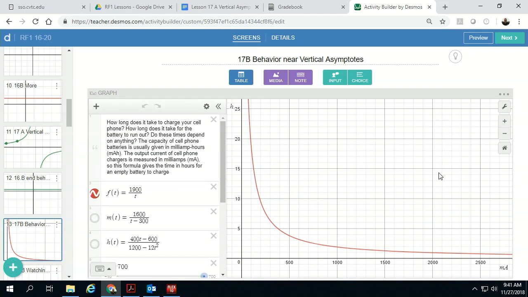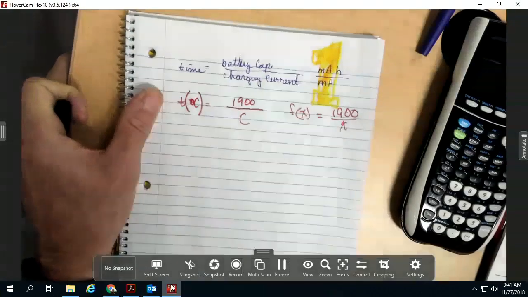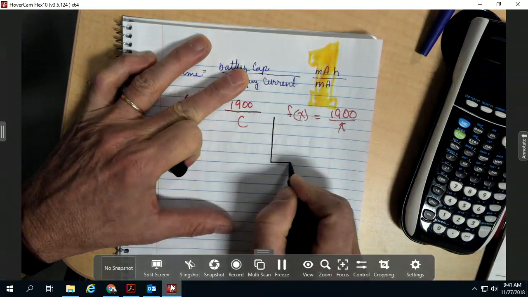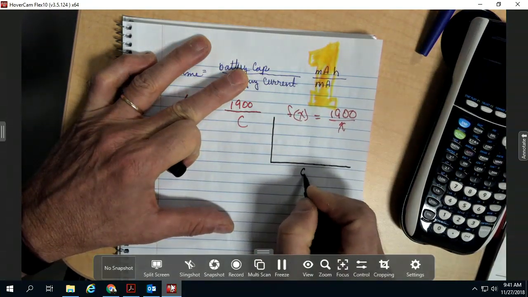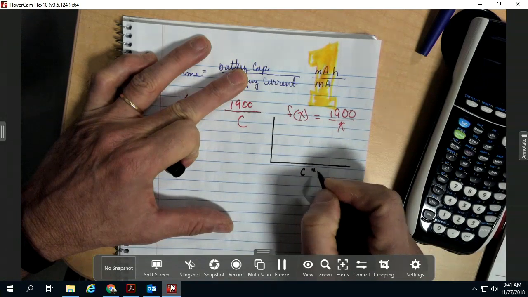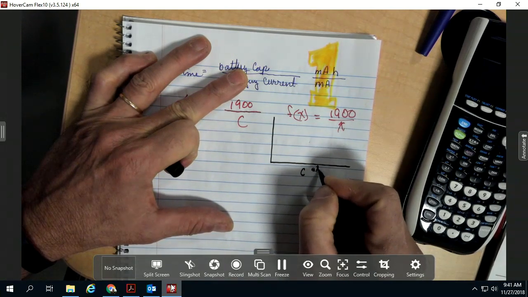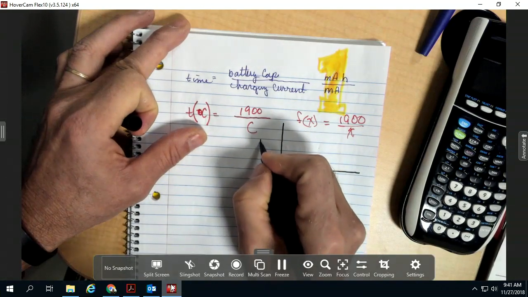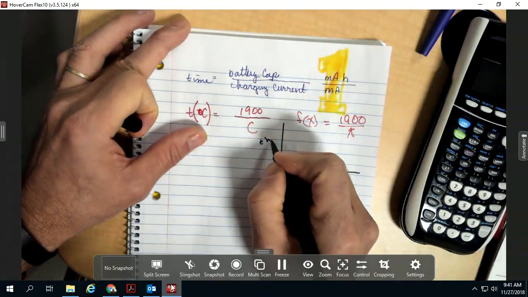Label the axes on your graph with the quantities they represent. So we've got this is current C in milliamps, and this is time in hours.